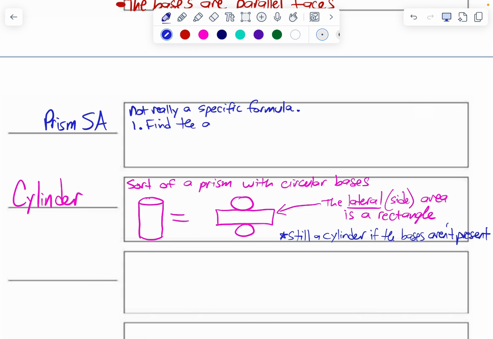Find the area of each unique face. What does unique mean? Not the same as the others, okay? So find the area of each unique face and then add up all areas.